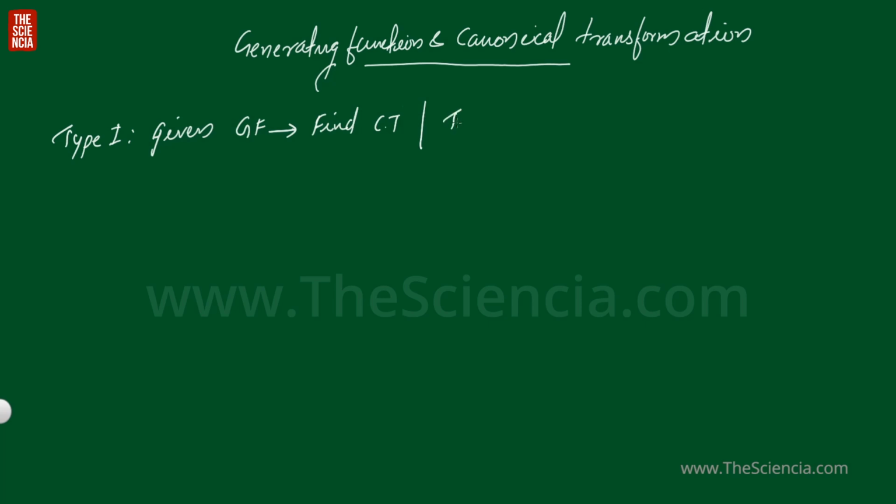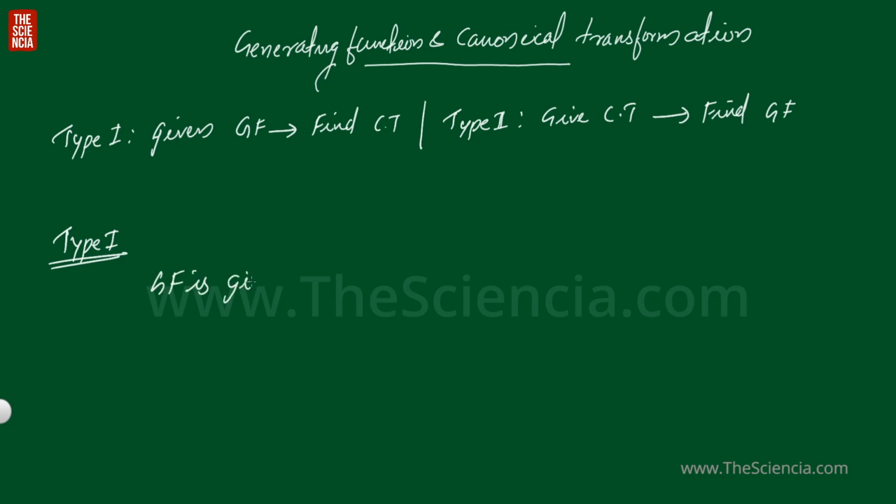And type 2: they will give a canonical transformation and ask to find out the generating function. So these two types of questions will be there in the CSIR exams. First we are going to discuss the type 1 problems. That is, the generating function is given and we have to find out the canonical transformation.